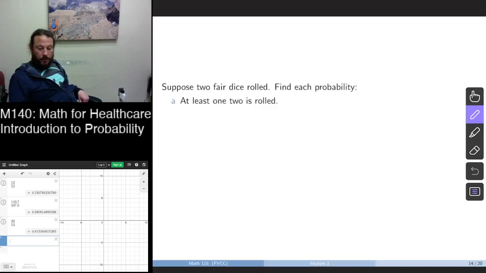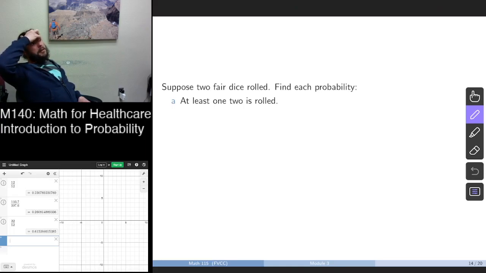Okay. Suppose 2 fair dice are rolled. Find the probability at least one 2 is rolled. So here we need to find the sample space, and this is a little tricky.